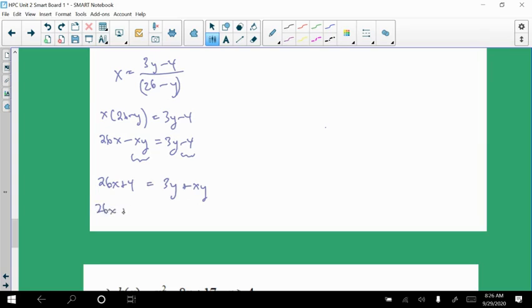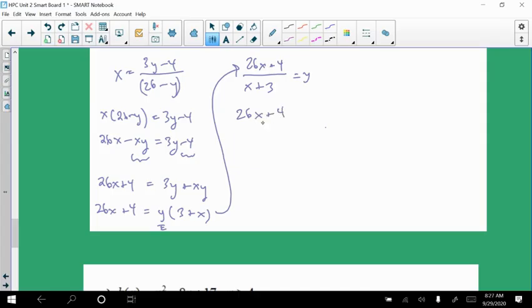So 26x plus 4 equals y times 3 plus x as a quantity, because that's going to allow us to solve for y. So I'm going to get 26x plus 4 divided by x plus 3 equals y, or we relabel that as 26x plus 4 over x plus 3 equals the inverse.